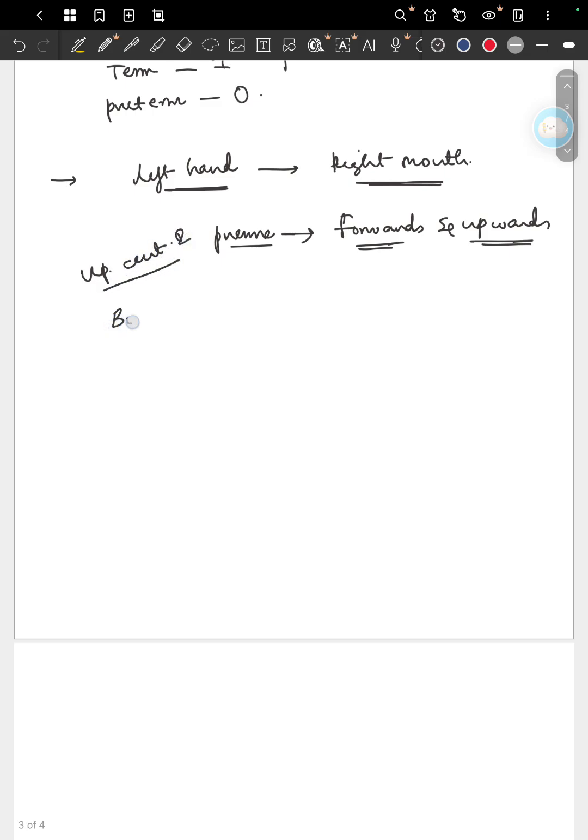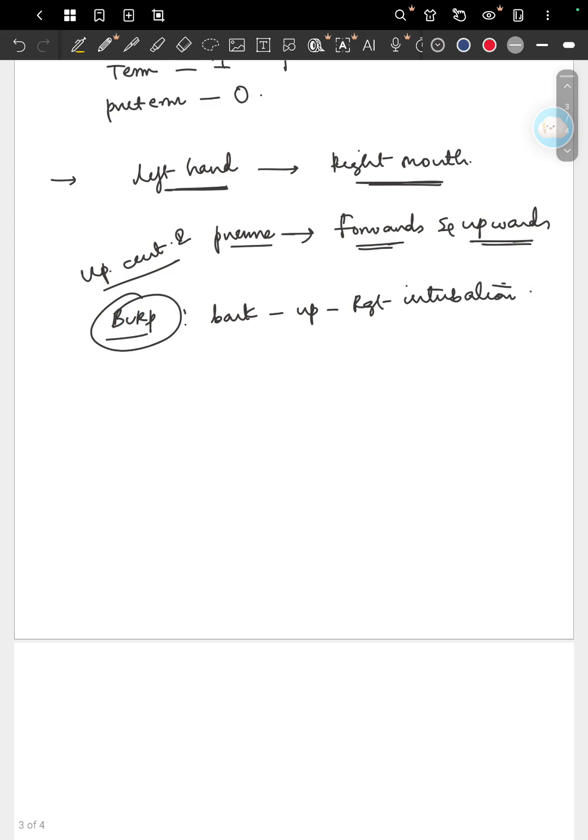Then we can use the BURP maneuver whenever there is difficult intubation. Then we'll be doing backward, upward and right pressure. This is used in case of difficult intubations. It's the BURP maneuver.